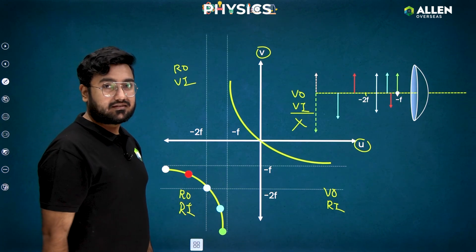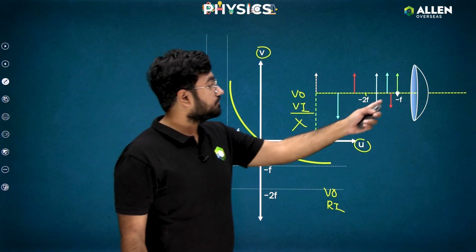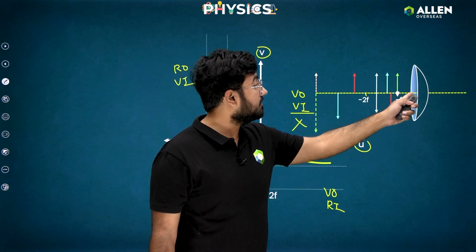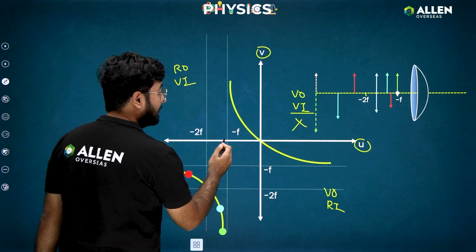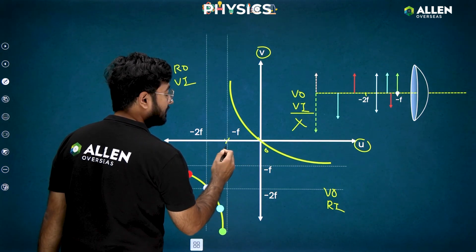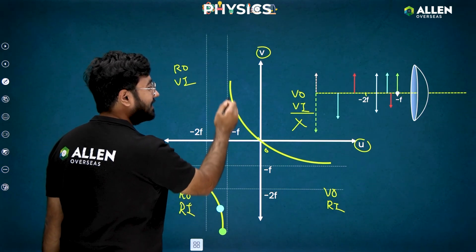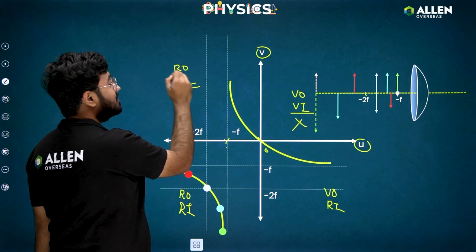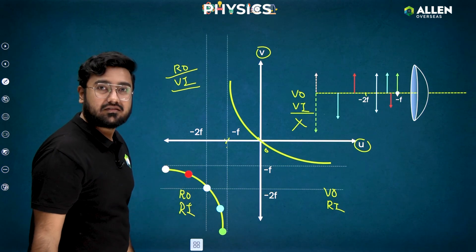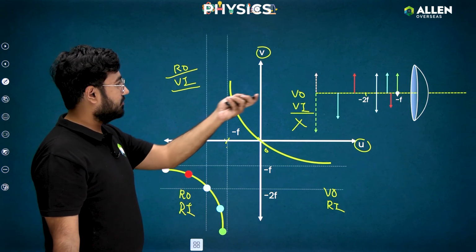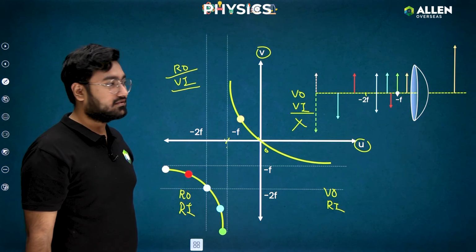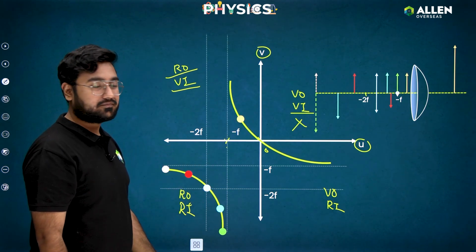There is one more case remaining, that is between minus f and 0, right. So that means this is the case of virtual image obtained by real object. It could be any of the points here, the last case.